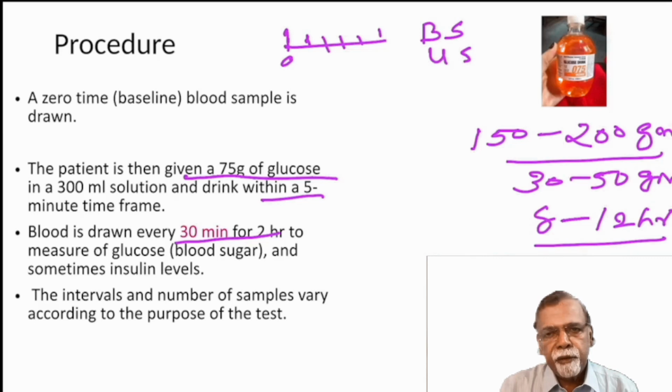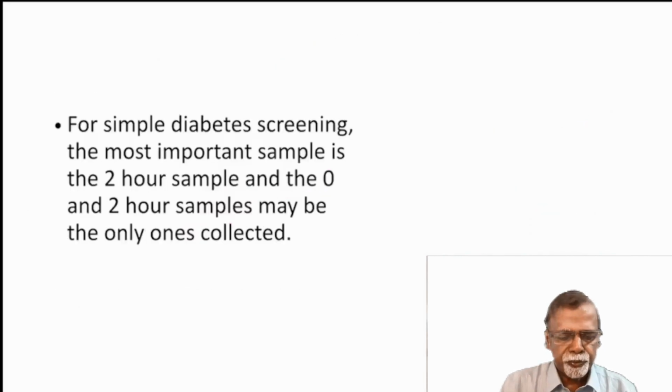This is the ideal way of doing the oral glucose tolerance test, but routinely for diagnosis of diabetes nowadays we use only the first sample and the 2-hour sample. That is, the fasting sugar and postprandial sugar are usually all that is required in clinical practice. Hope this point is clear to you.